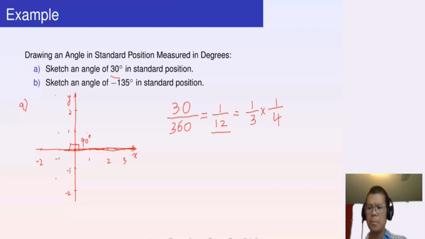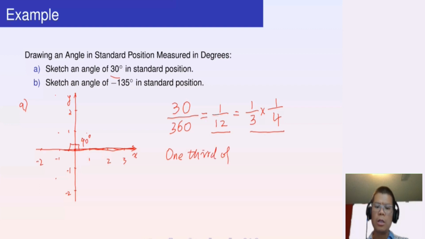Is that right? I think this is right: 1/3 times 1/4 is 1/12. 1/3 of a quarter is 1/12. If you're unsure about that, you can check with the calculator. This is true, which means 1/12 is 1/3 of a quarter.